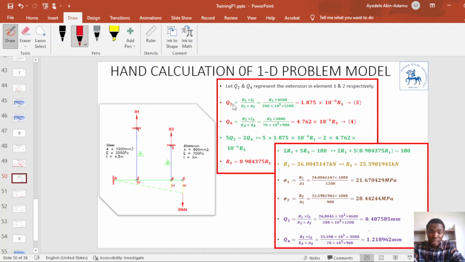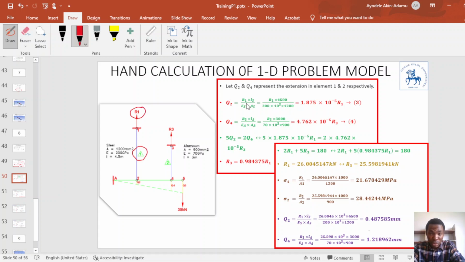We can write the equation of the deformation at 2, that is the extension of the bar at 2, using Hooke's law formula. Extension equals PL over EA. For finite element 1, the P is the reaction force at the support, R1.